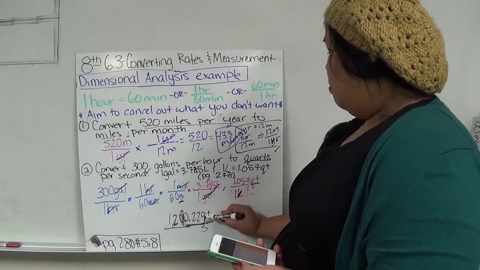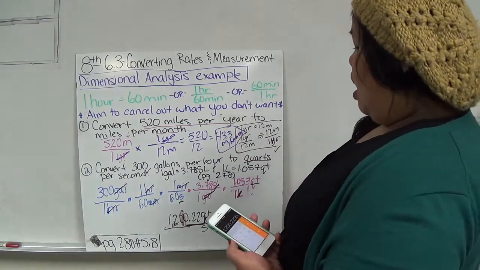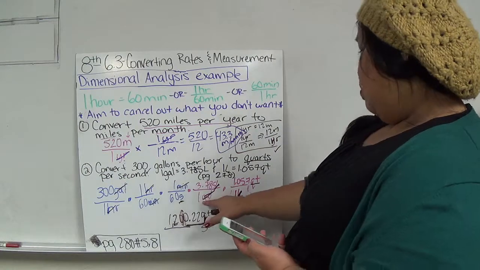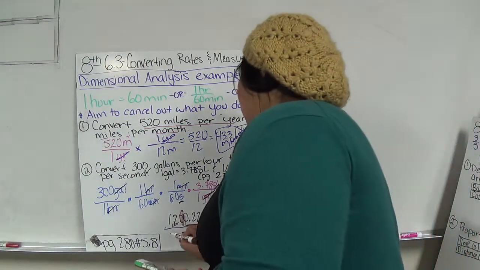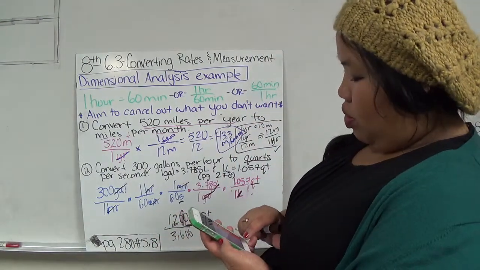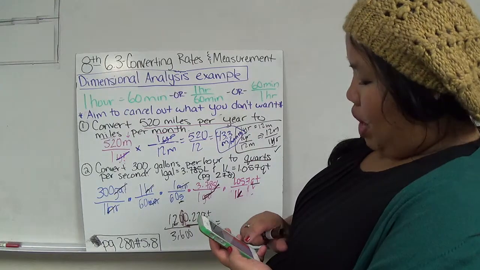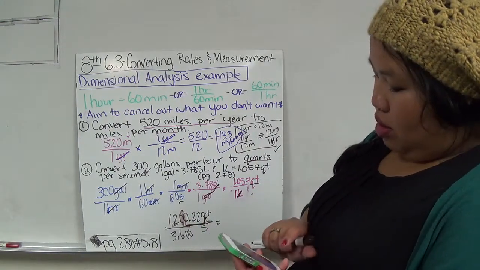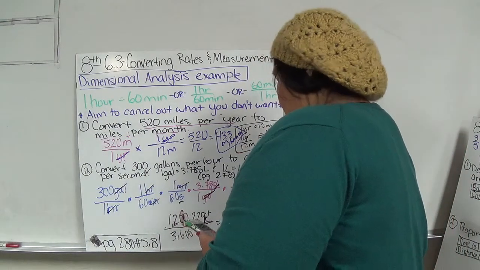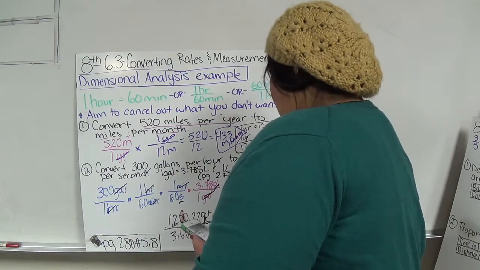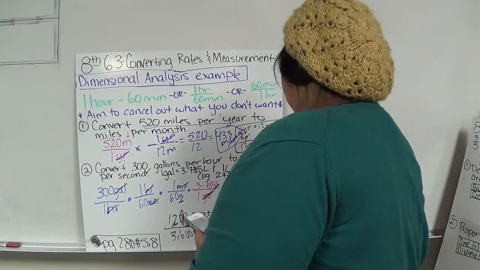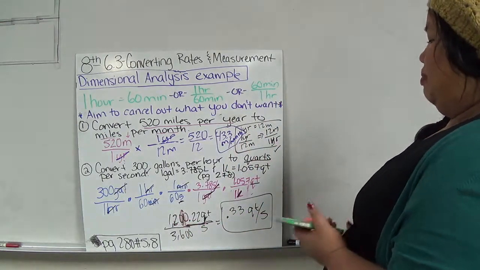This is a Q, not a 9. Okay, and then I multiply across here: 60 times 60 times 1 times 1. So we end up with 3,600. So now I'm just going to divide 1,200.22 divided by 3,600, which gives me 0.33 quarts per second. 0.33 quarts per second.